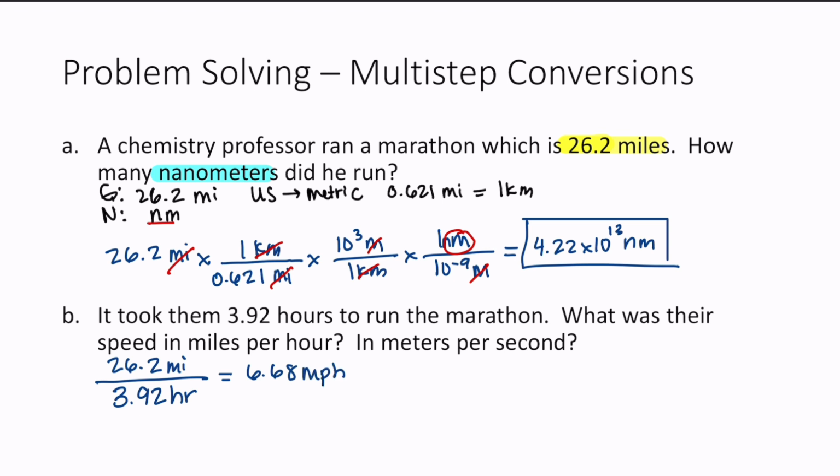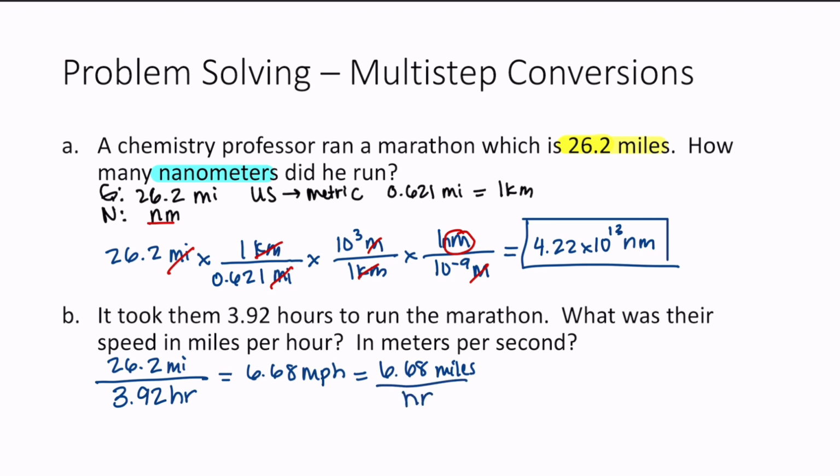The second part of this problem asks me to solve for it in meters per second. Something that people have a really hard time realizing is miles per hour, even though it's written on the top as mph, it really means miles per hour.